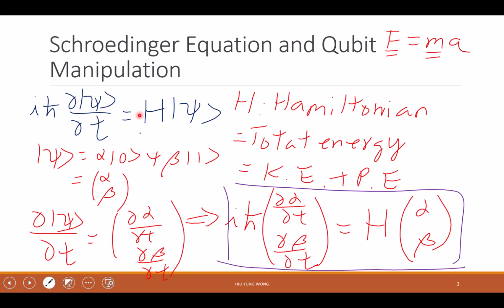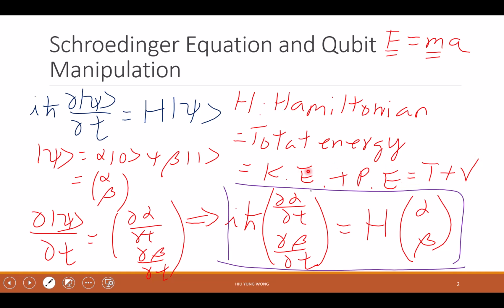It's proportional to itself and also the Hamiltonian. And what is a Hamiltonian? It is just the total energy of the system, kinetic energy plus potential energy. Very often it is written as T plus V, where T is the kinetic energy and V is the potential energy, right?